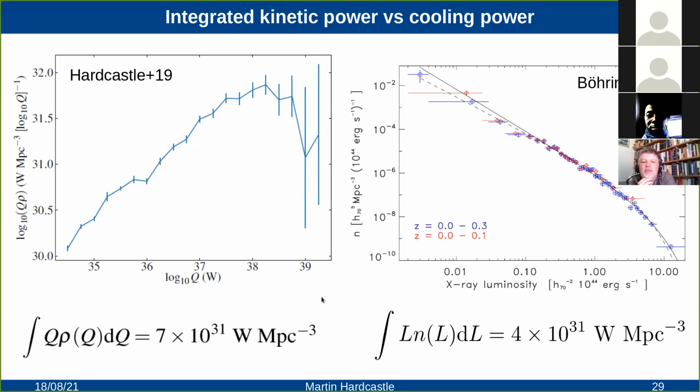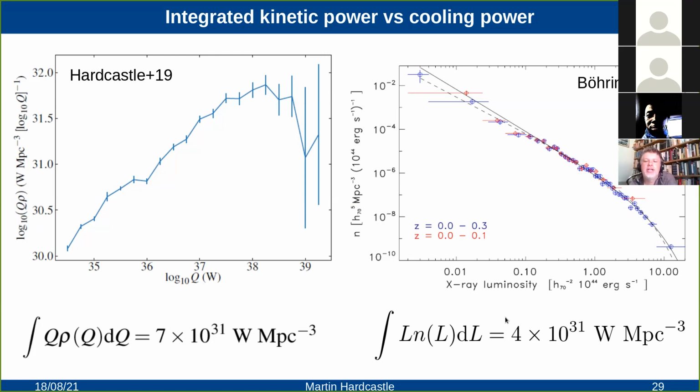Well, remember, we set out to ask the question, can the radio galaxies prevent the cooling energetically? Can the population of radio galaxies prevent cooling of the X-ray gas? Well, these numbers are astonishingly close. I'm still amazed at the fact that they come out even in the same ballpark, because nobody knew that was going to happen.